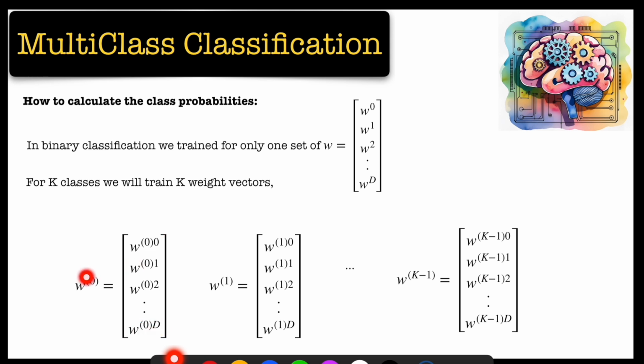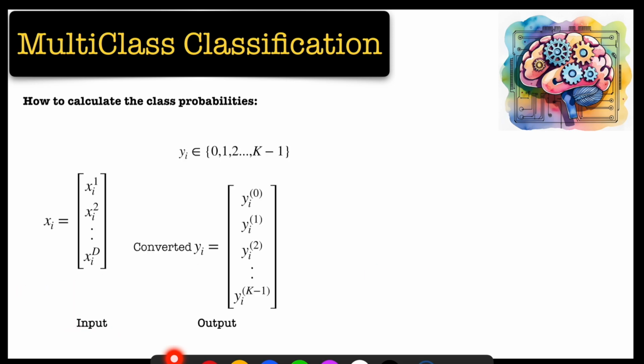The superscript in brackets is for the class. W1 is the weight for the first class, so that will be W10, W11 till W1D. Similarly, till Wk minus 1, it will be Wk minus 1 0 till Wk minus 1 d.